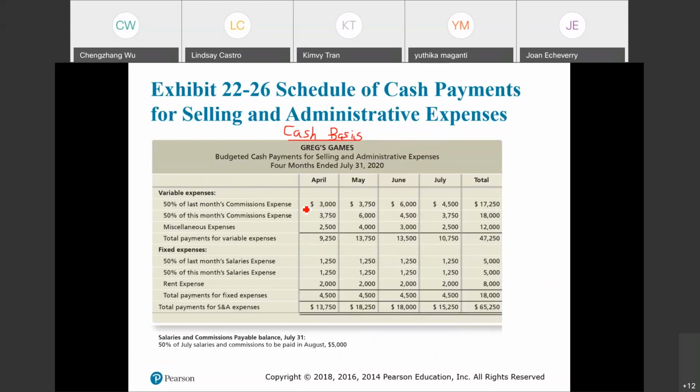This budget is prepared into two parts, variable and fixed. For fixed parts, I think that's straightforward.